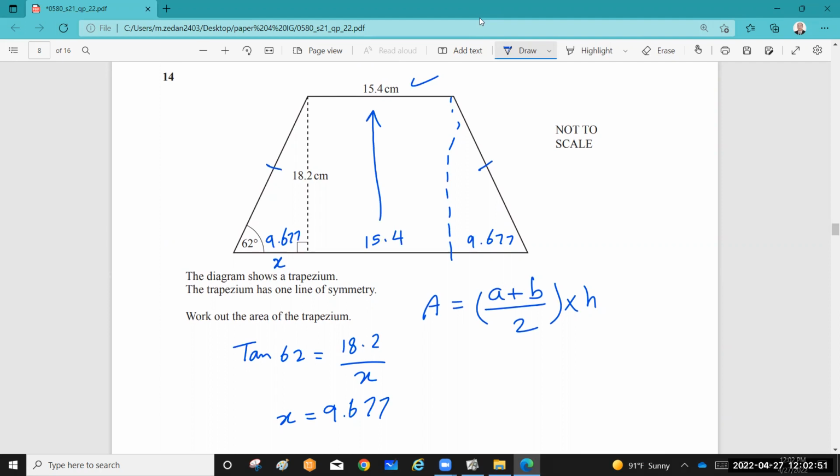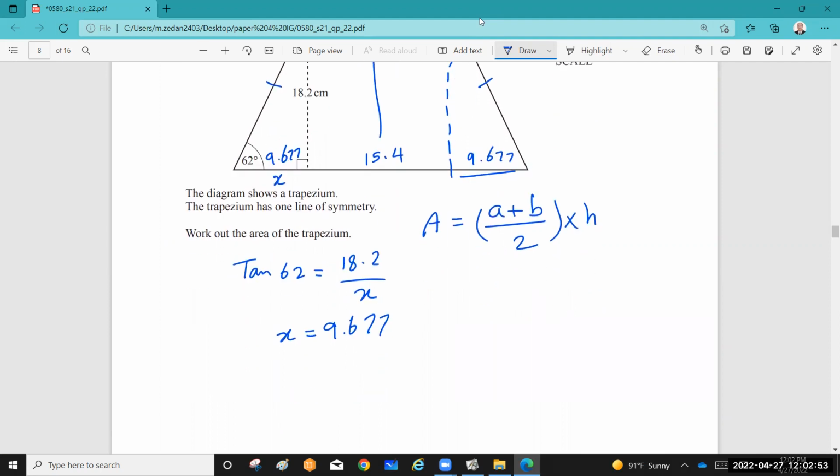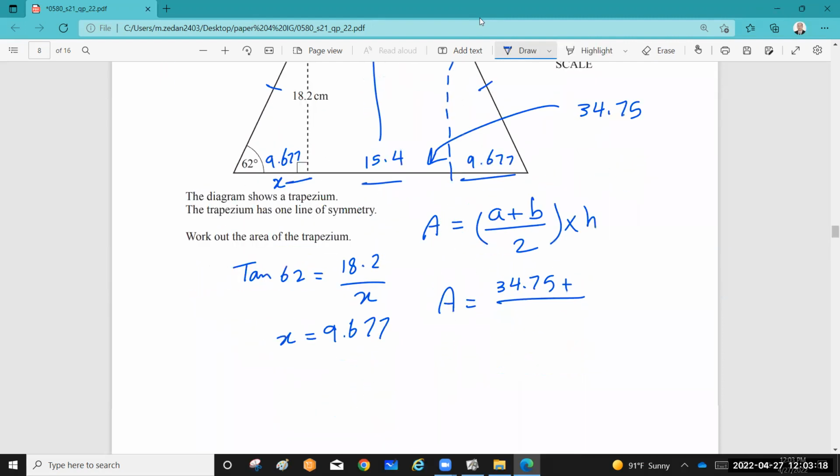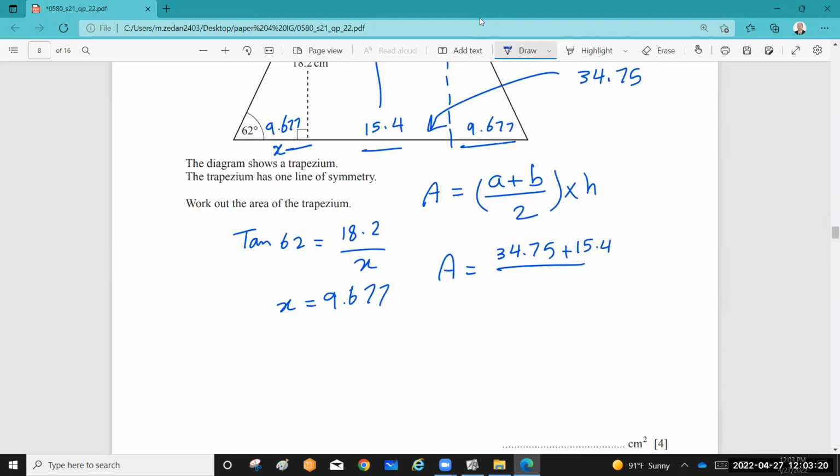So for the longer base, you just add these three sides. By adding these three numbers, the base is 34.75. So I have 34.75 plus the upper base 15.4, over 2.